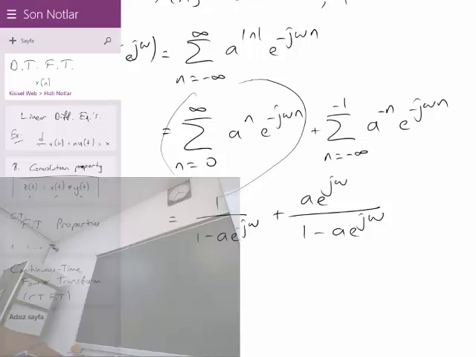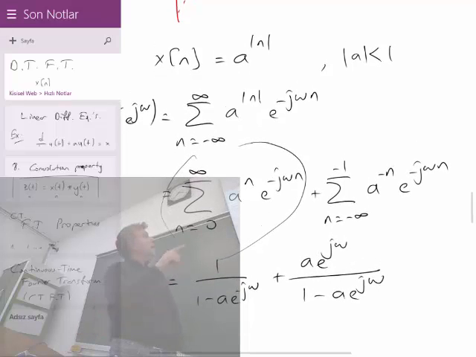When you subtract that term, you will get a e to the j omega divided by 1 minus a e to the j omega. So the summation of these two terms corresponds to the discrete time Fourier transform of our signal, which is x of n is equal to a to the power absolute value of n.